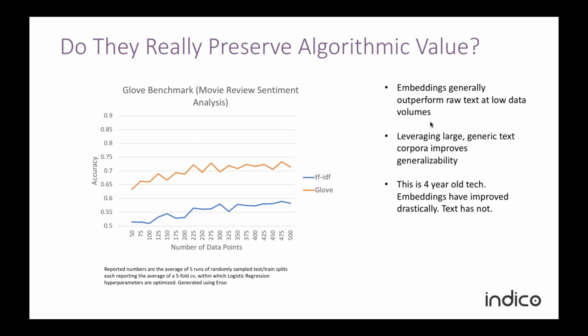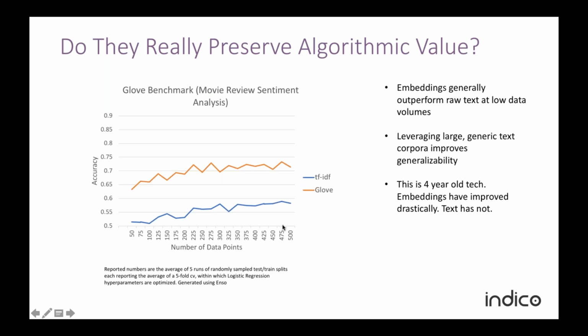And obviously the important question is, do they actually work? Here are some benchmarks. This is comparing a TF-IDF approach to GloVe. On the x-axis you've got the number of data points. This is a binary classification task, specifically the movie review sentiment analysis data set. When you're down at 100 or sub 100, TF-IDF is still noise.